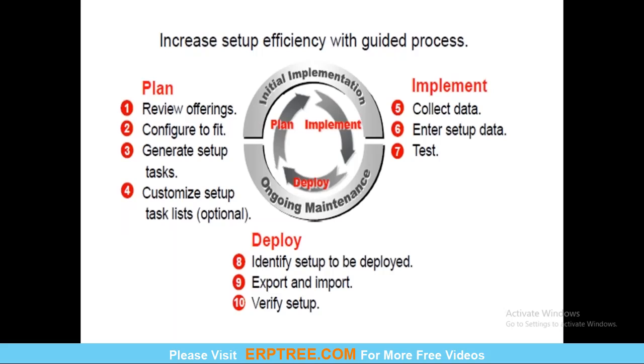That we will see when we define an implementation project in the further classes. Then customize the setup tasks, only if it is optional, whenever it is required. Then you will collect the data, enter the setup data and test. Then you will deploy it into the production environment once it is validated, with the export and import processes from the test environment. And if at all it is from a legacy system, you will do it through interfaces, so that flexibility is available.